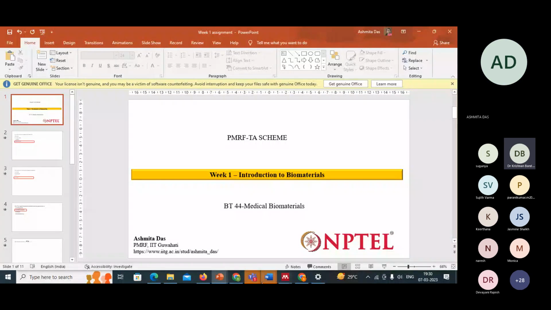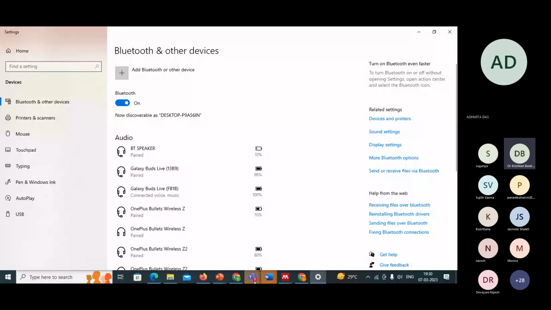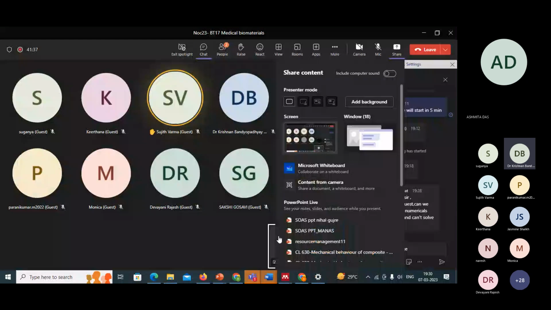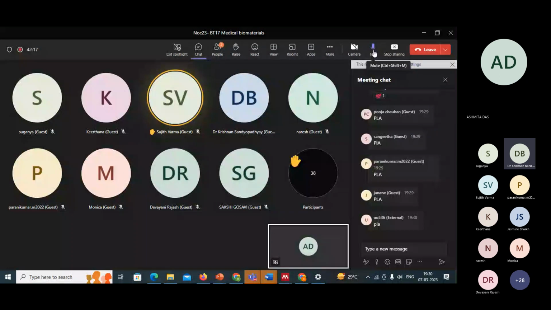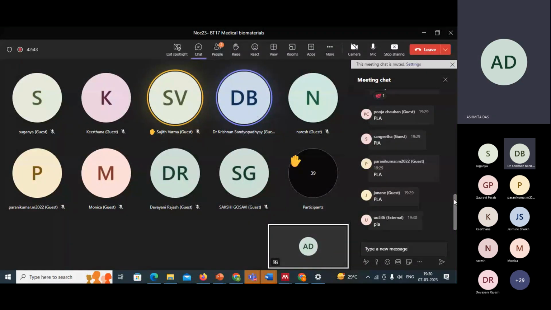Yes, madam. For this question, which one is not a dental biomaterial? Actually, in the question, you should mention cement or dental cement, because cement as a whole is different, which has a cementing nature, and dental cement is different. And in 1980, the first generation of biomaterials, PLA was used as a dental biomaterial, though it is a polymer biomaterial.